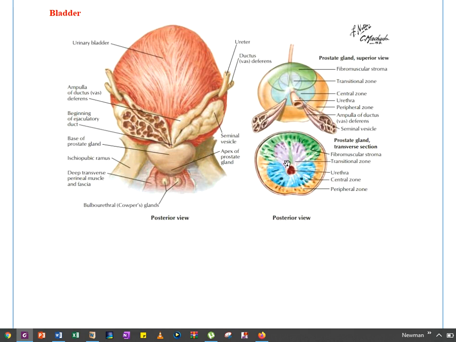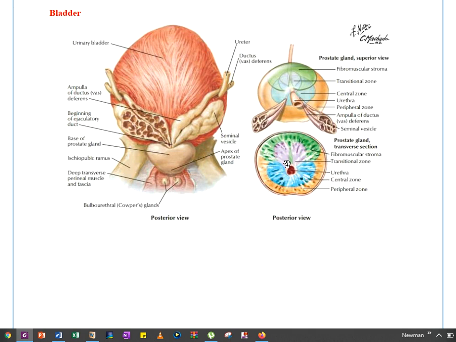So what is the significance of this? When we talk about prostate gland, the most common things that come into our mind are BPH, benign prostatic hyperplasia, as well as carcinoma of prostate gland.